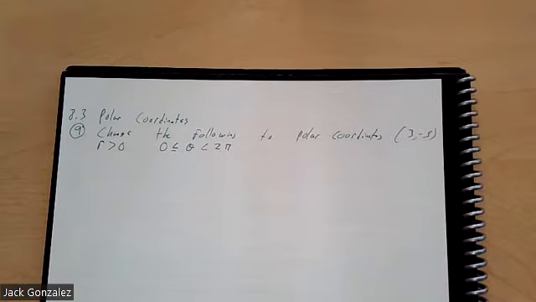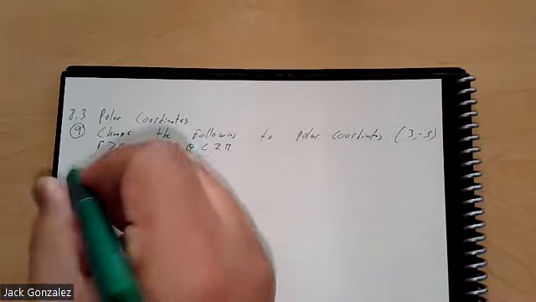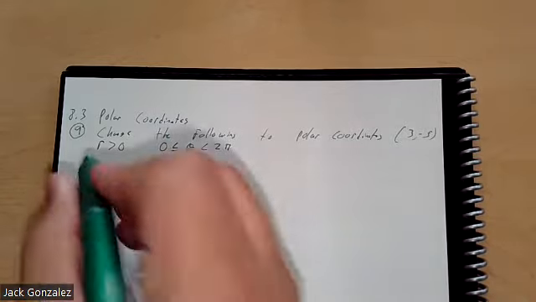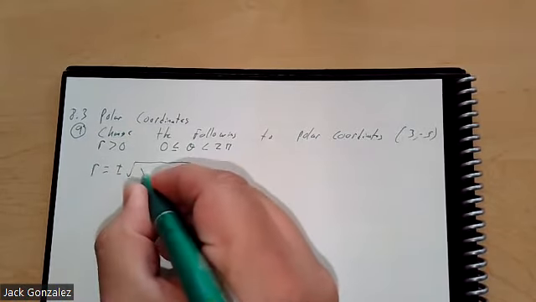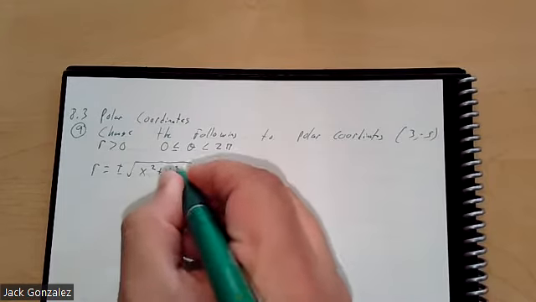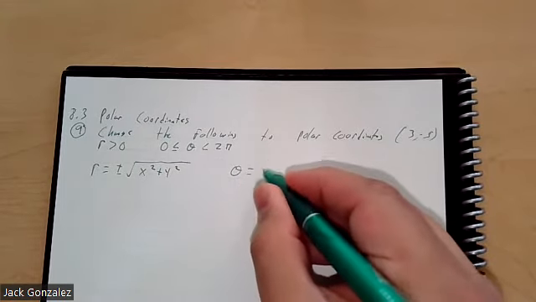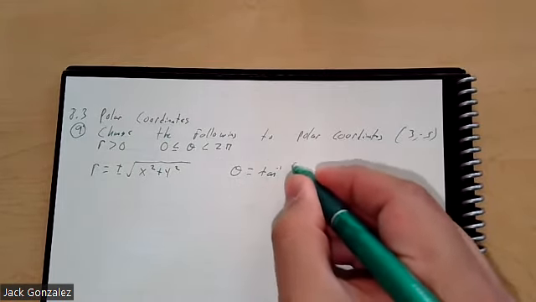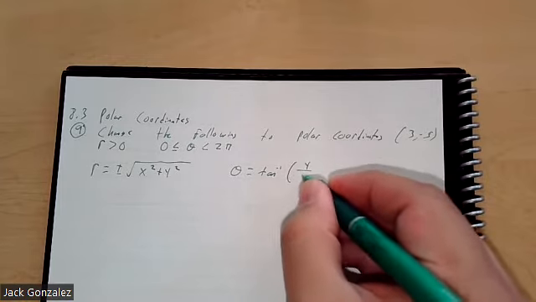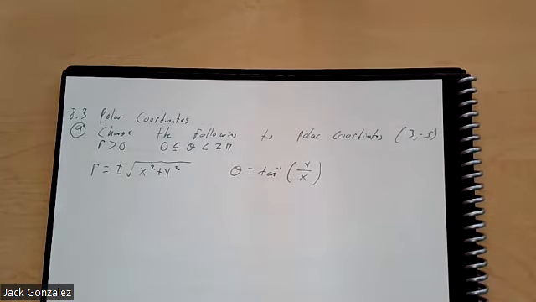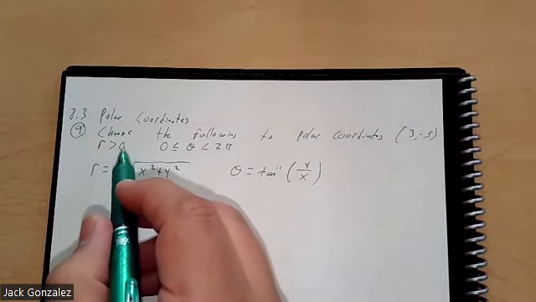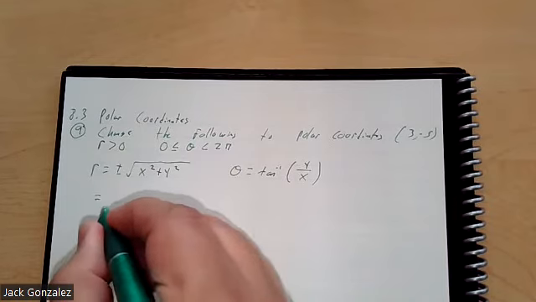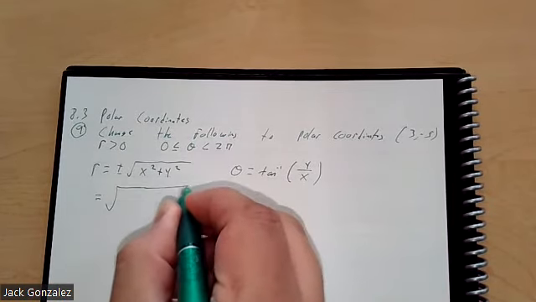So here we go. We got x and y. We should know that r is equal to plus or minus the square root of x squared plus y squared, and theta is equal to tan inverse of y over x. Since they said r must be positive, use the plus and plug in your x and y.